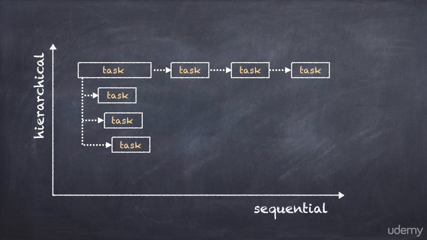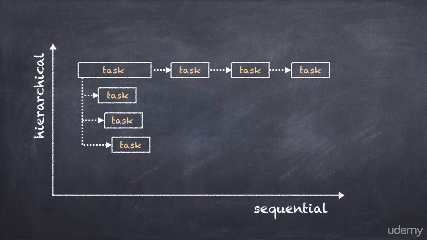You can freely mix and match from both dimensions. A parent task can assign work to 3 child tasks, wait until they complete, and then move on to the next task in a continuation sequence.